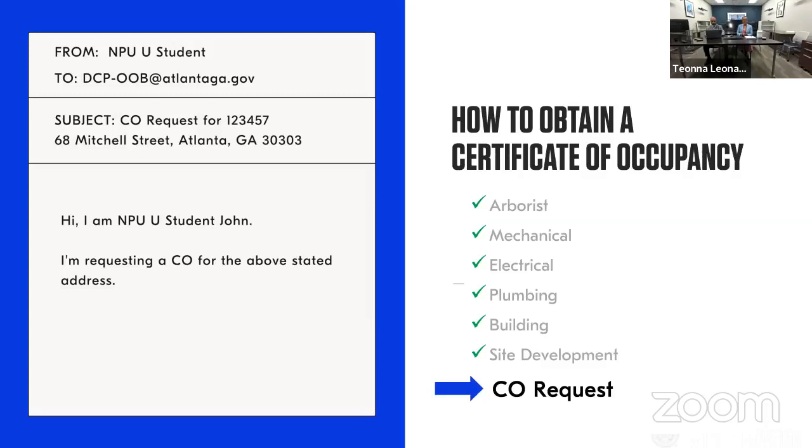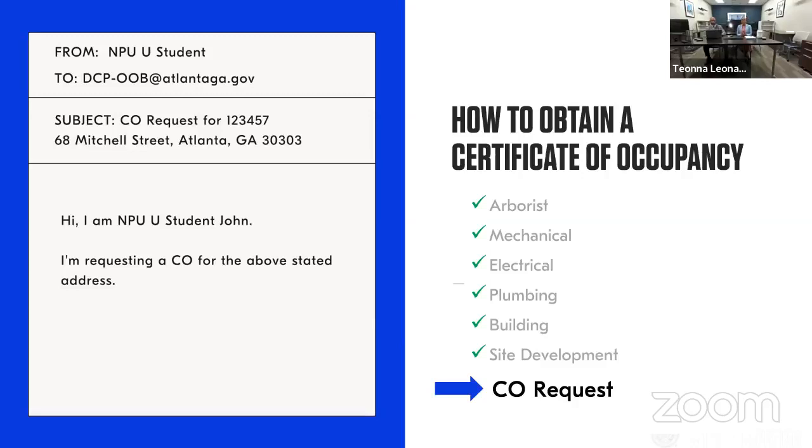The reason is that the CO is only issued one time, based on that initial construction, unless something is changing, meaning you're adding to the square footage or you've torn it down completely and now you're rebuilding it bigger with a different footprint.